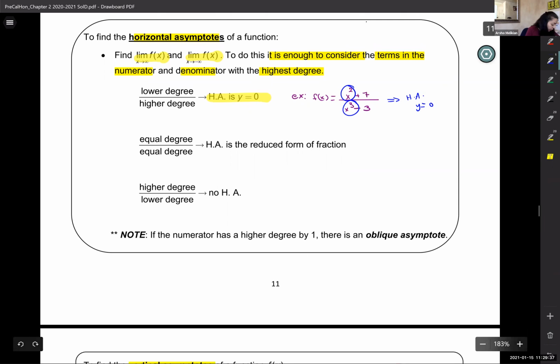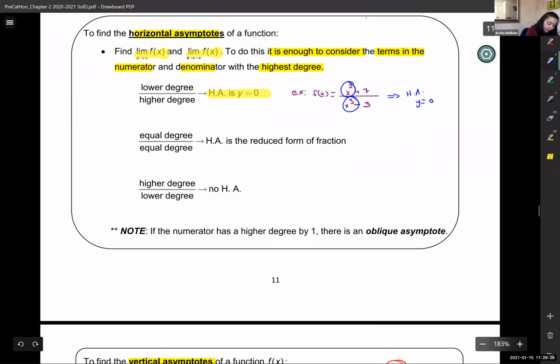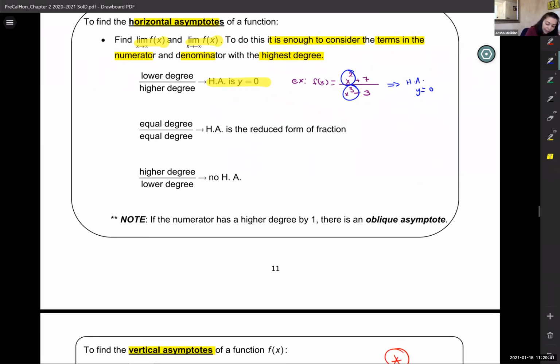Next situation is you have equal degree on top and bottom. In that case, the horizontal asymptote is the reduced form of the fraction. So for example, if you have f of x is equal to 3x cubed plus 5 over 2x cubed plus x, same degree on top and bottom.